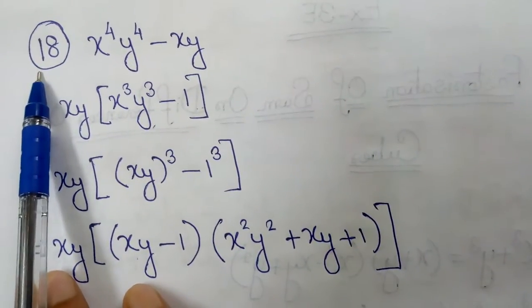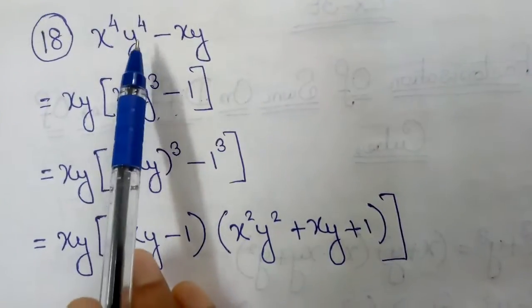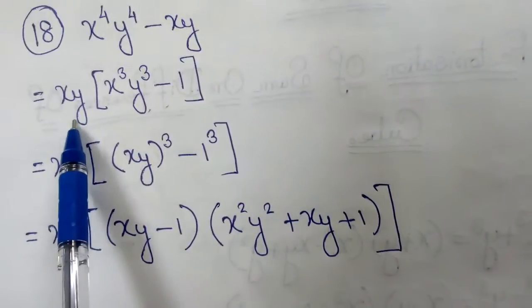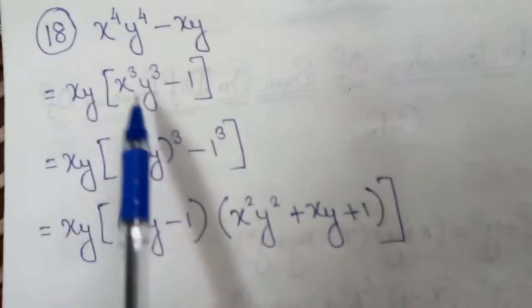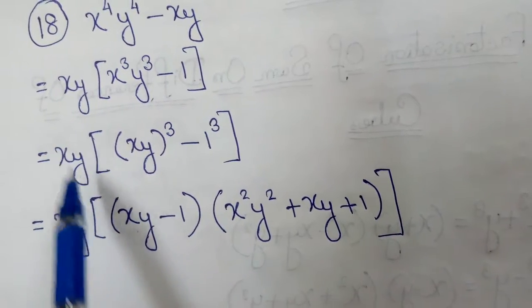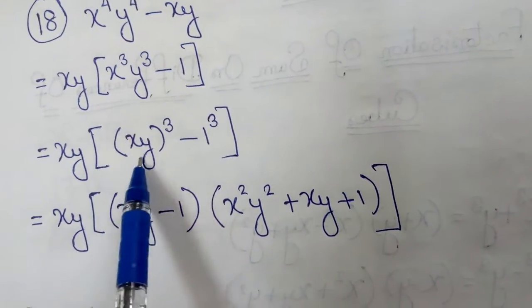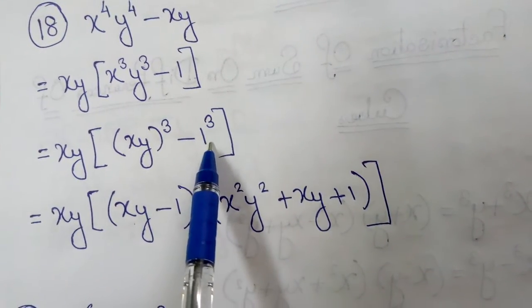Now I am going to solve sum number 18. My question is x to the power 4 y to the power 4 minus xy. So xy again I have to take common so that I can get cube terms. Xy into (x cube y cube minus 1), as xy I have taken common. So x cube y cube can be written as (xy) whole cube minus 1 cube.